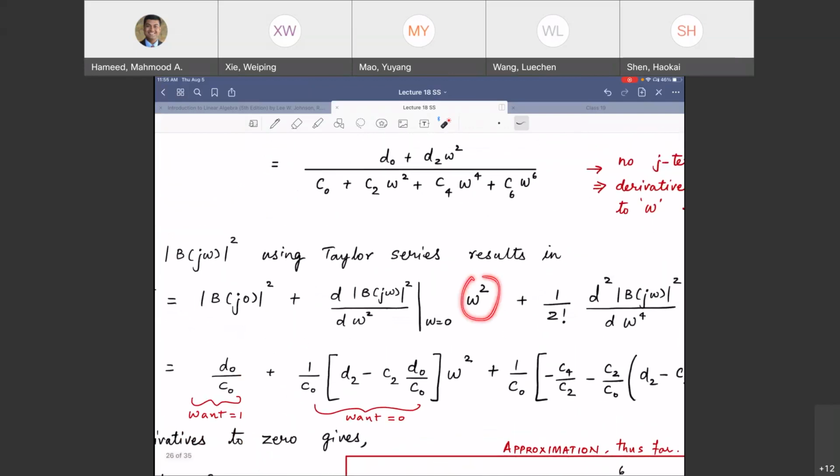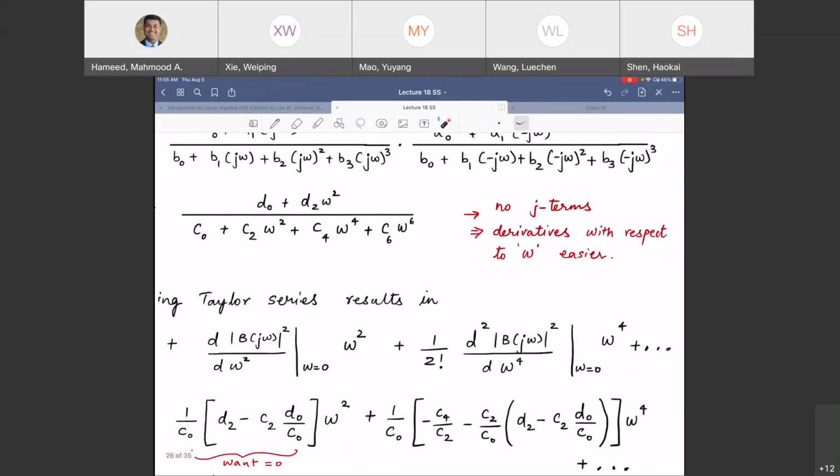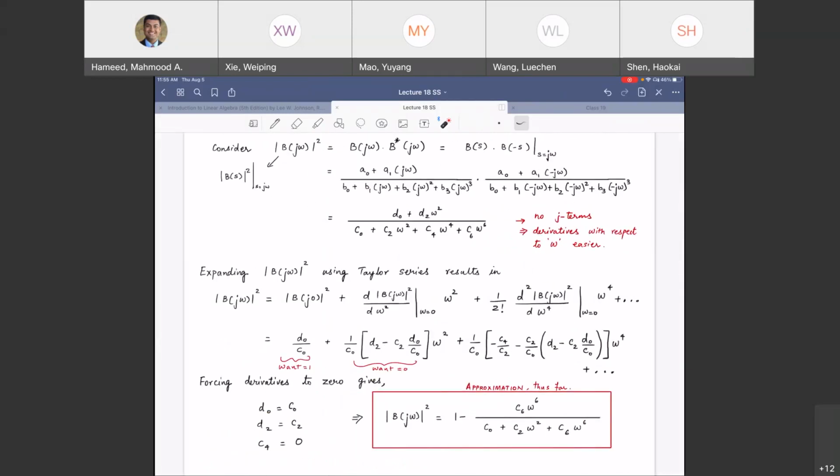The omega squared is now going to be your x, because this is going to be x, this is going to be x squared, this is going to be x cubed now. Next, divided by 2 factorial, the second derivative at omega 0, times omega to the 4, plus and so on. We want to set all those derivatives to 0, right?